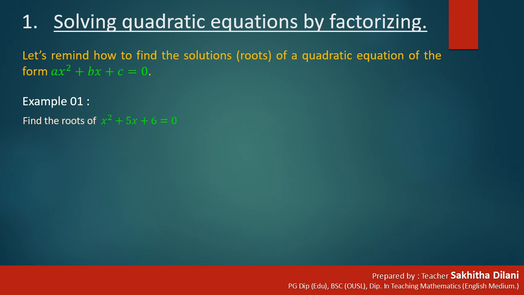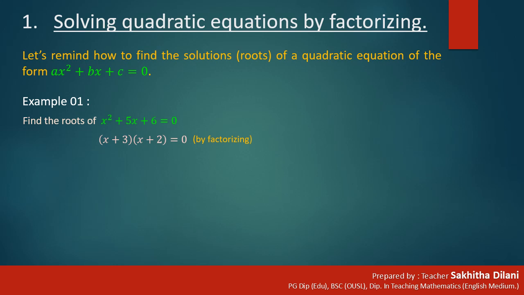First, the quadratic expression in the left hand side should be written by factorizing. That is, x plus 3 into x plus 2. I think now you have the ability to factorize the quadratic expression directly.